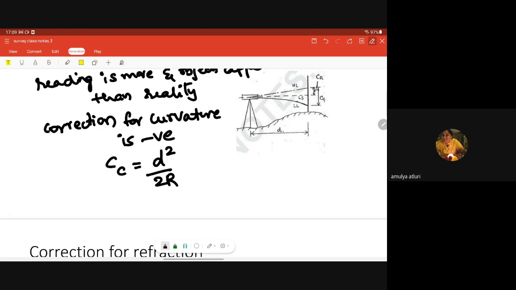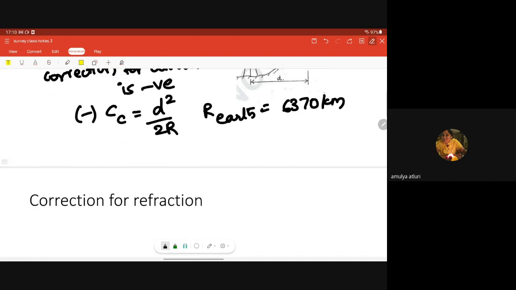Generally the radius of curvature of the earth surface is taken as 6370 kilometers. You know it, right? If it is not given in the question, then you need to take this value. This is always negative. CC, correction for curvature, is d square by 2r.